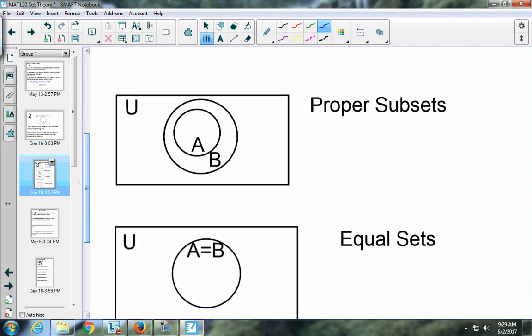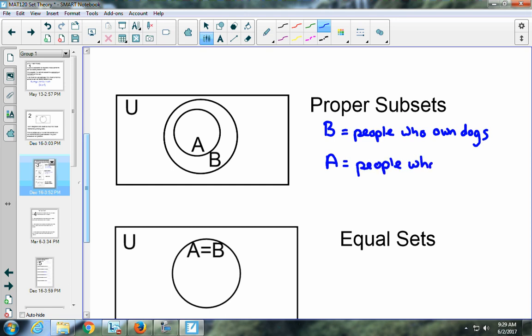It's also possible to have proper subsets. So where A and B are both sets, and A is a part of B. It's completely inside there. So if we said something like set B is the people who own dogs. And we say that set A is the people who own a specific kind of dog.